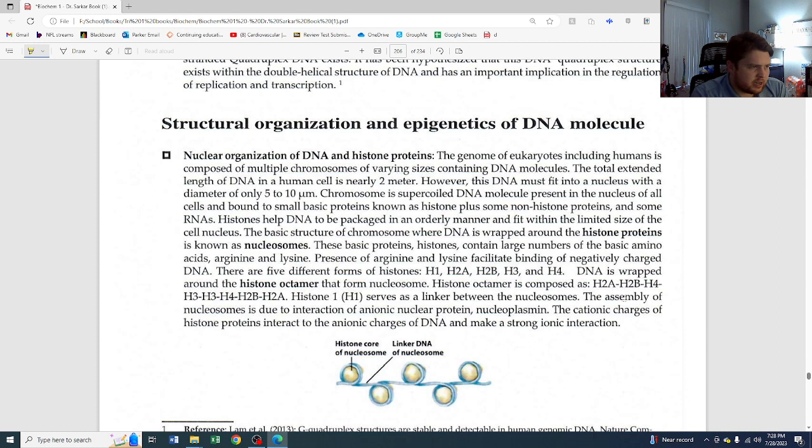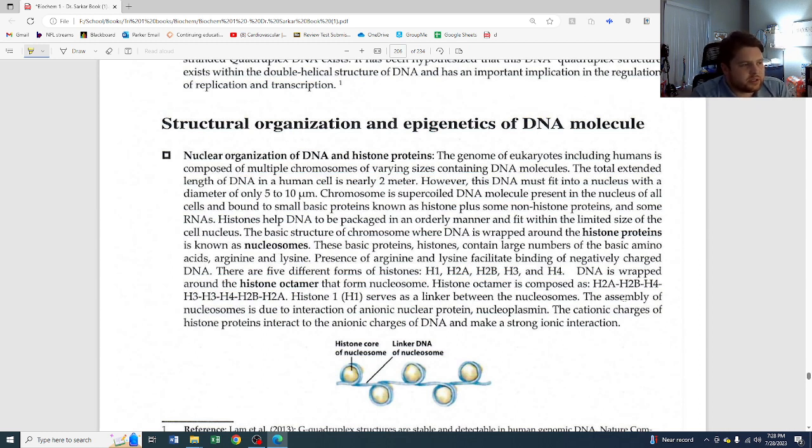All of our genes and everything combined is our genome. It's like our specific pattern that makes us us. So the total extended length of DNA in a human cell is nearly 2 meters. However, this DNA must fit into a nucleus with a diameter of only 5 to 10 micrometers.